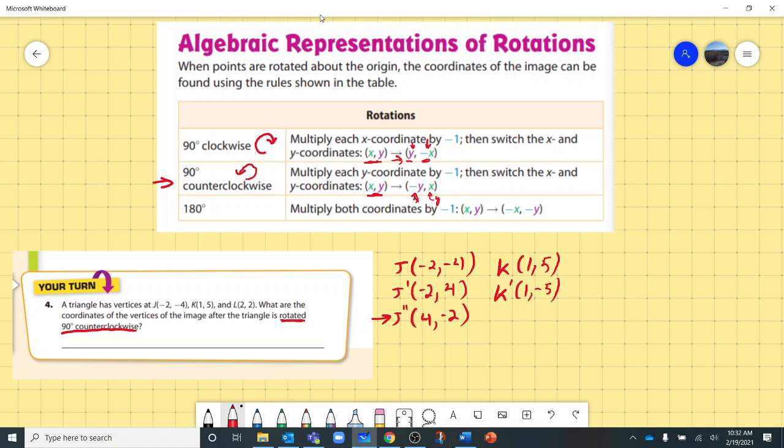And then I swap my two values. Just like that. And L is (2, 2), which that's fun. L prime, (2, -2). L double prime, (-2, 2).